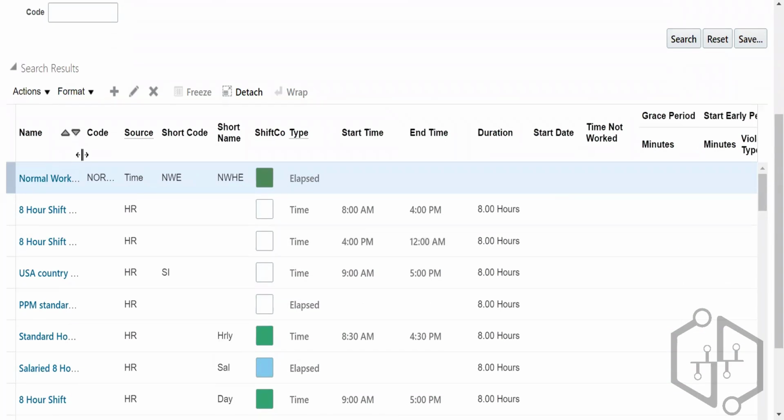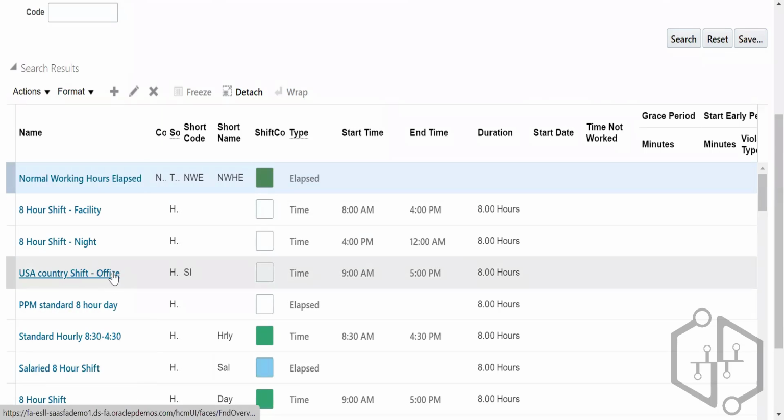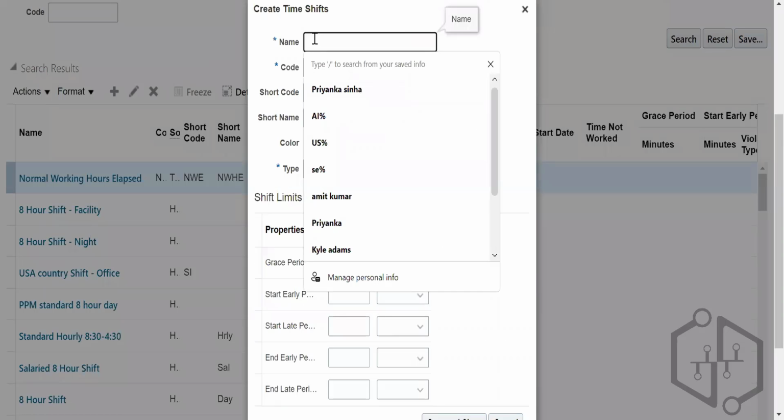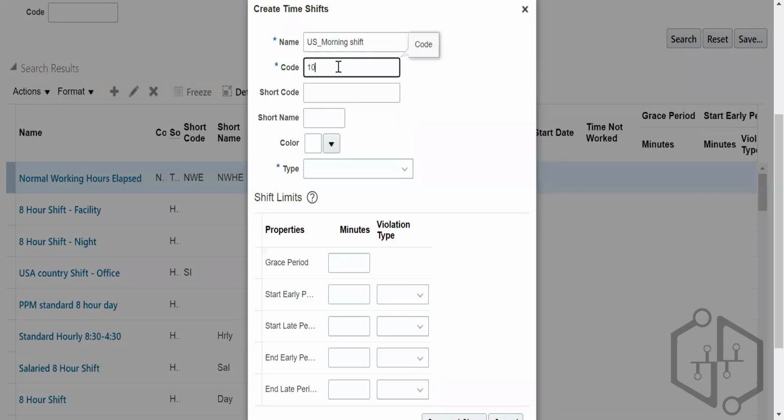So you can see here 8-hour shift, night shift, all these things are shifts. Now create. Create time shift. Suppose morning shift. I can write here as morning shift, morning shift code 001.